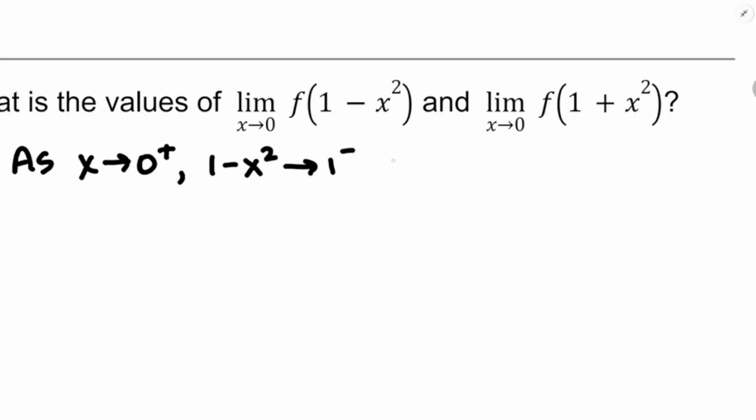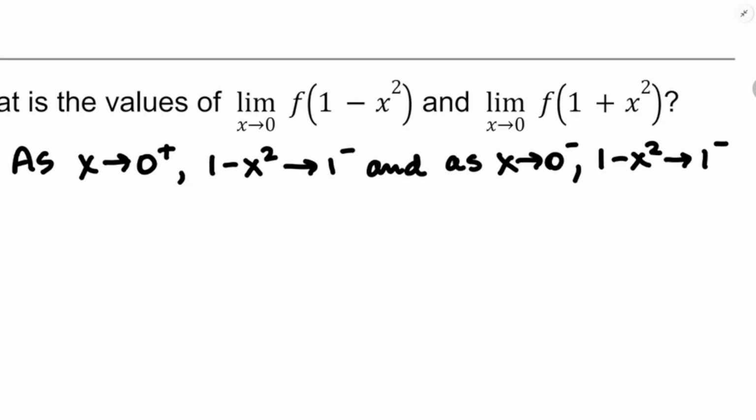And then I'm going to say also, as x approaches 0 from the negative side, I'm taking x as a very small negative number. So 1 minus x squared, I'm going to take that very small negative number and square it. It's going to be even smaller, but positive, and I'm subtracting from 1. So this is also approaching 1 from below.